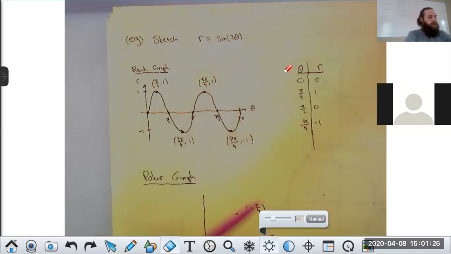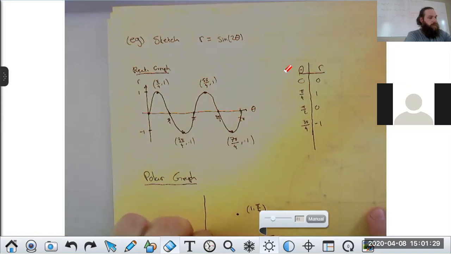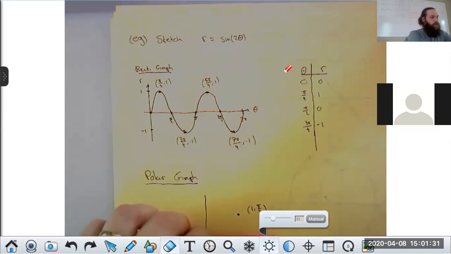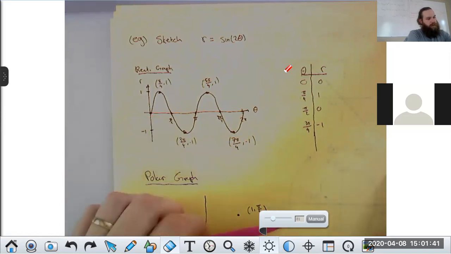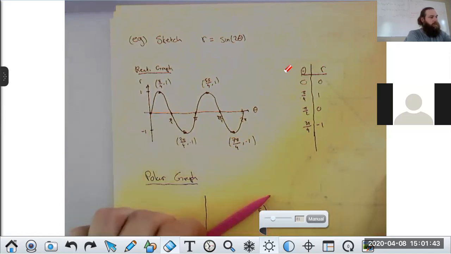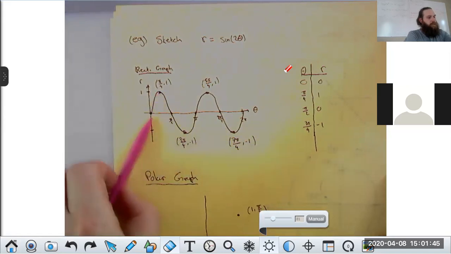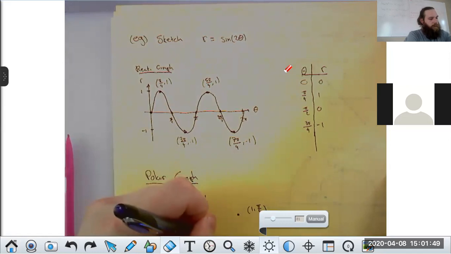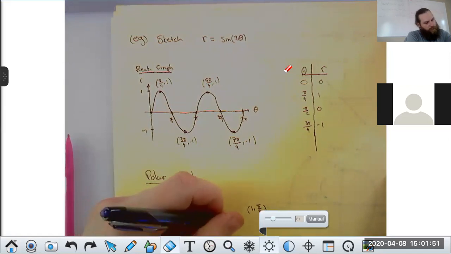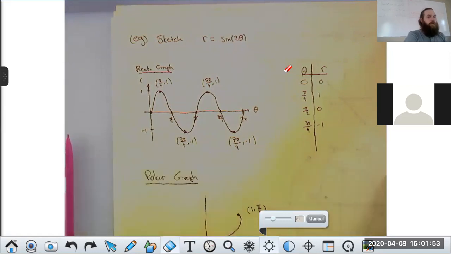And so the trick is to imagine this arm rotating, and as it rotates, imagine a little dot running out along that arm, because that's what's happening. R is increasing. R is the distance this dot has walked out along that arm. R is increasing from 0 to 1 as theta rotates from 0 radians to pi over 4 radians. So I draw that.